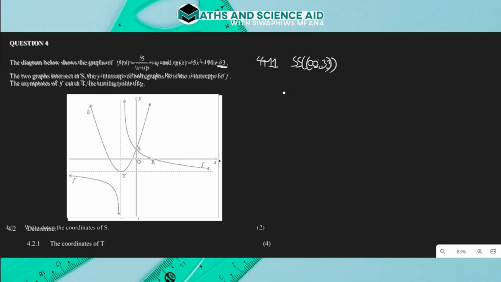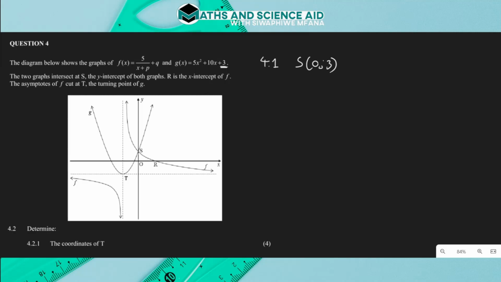Simple like that. The next question, 4.2.1, is asking us to determine the coordinates of T. Remember that we were told that T is the turning point of g, the parabola. This is very easy because at the turning point, the x value, which is also referred to as the axis of symmetry, is given by negative b over 2a.